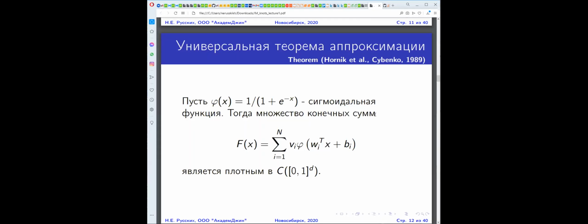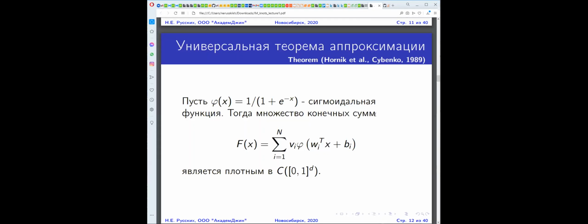But there is a universal approximation theorem, which was proven by Cybenko in 1989.